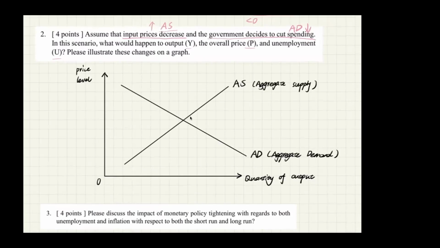It would shift right. So now the new aggregate supply is here. And what would happen to the aggregate demand? Because the government decided to cut the spending, the aggregate demand decreases.